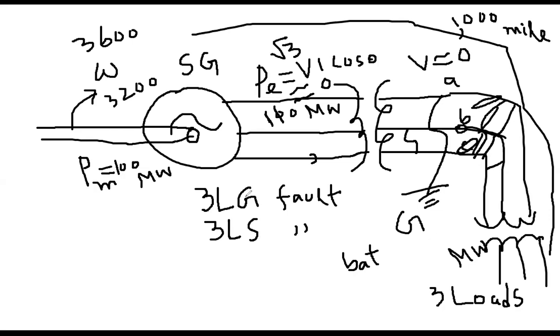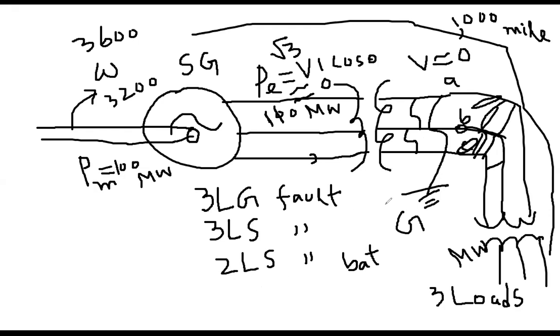Now, 3LG, 3LS, and if the short circuit is between two phases, for example, between phase A and B or between phase C and A, whatever, between two phases, that is called 2LS fault. 2LS fault means the fault is a short circuit between two lines, any of the two lines.